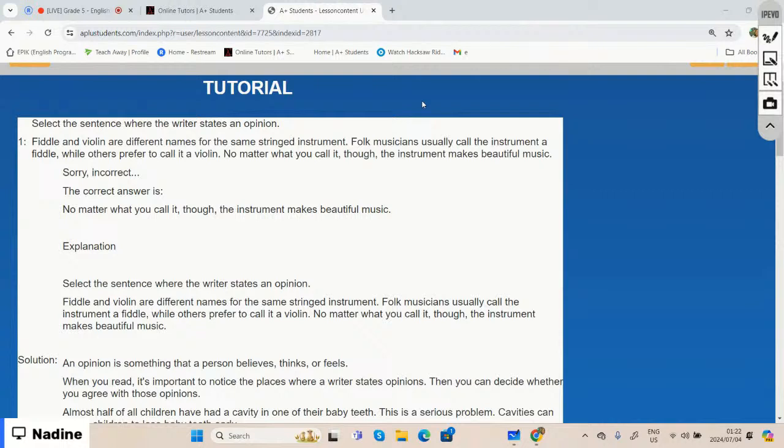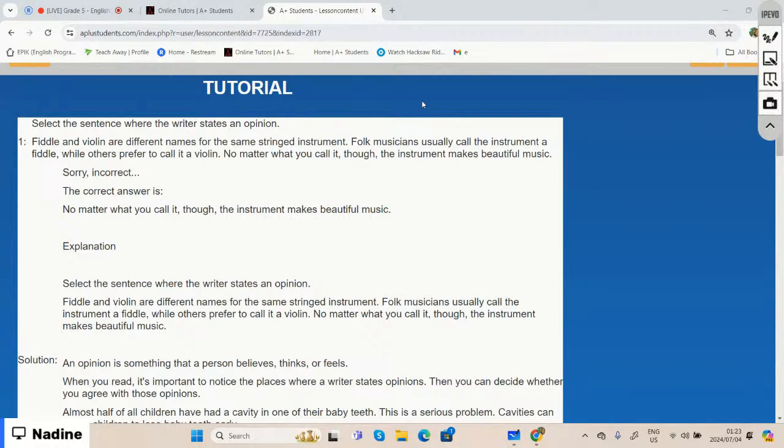No matter what you call it, though, the instrument makes beautiful music. So if we look at that mini paragraph, what is the opinion that the writer gives us? What is the opinion within that text?